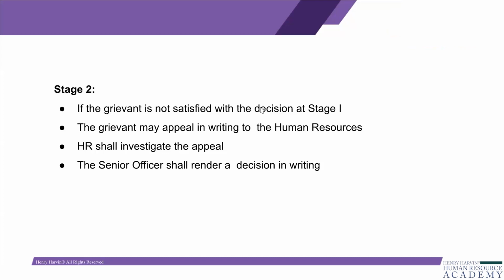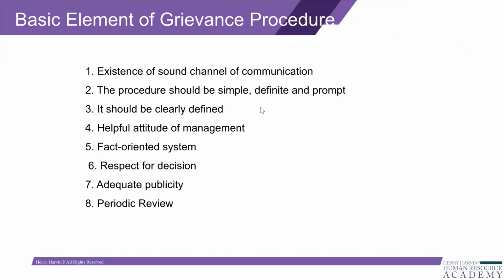Then the grievant can give their appeal to the HR department. The HR has to investigate the appeal and give the decision in writing to the senior officer, or to the management. HR's decision is the final decision.